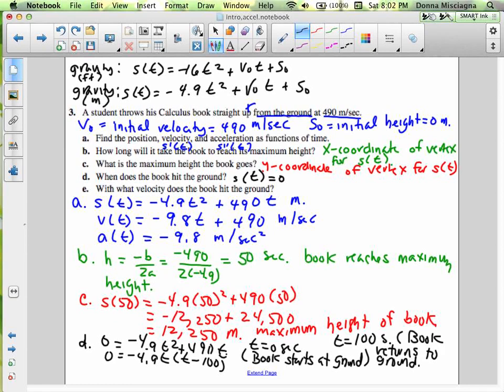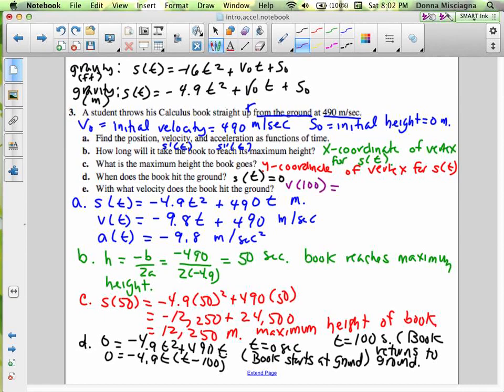And then finally, at what velocity does the book hit the ground? Here all we have to do is plug the time the book hits the ground into the velocity equation. So we're looking for v of 100.